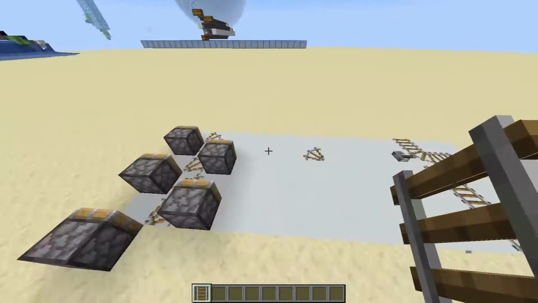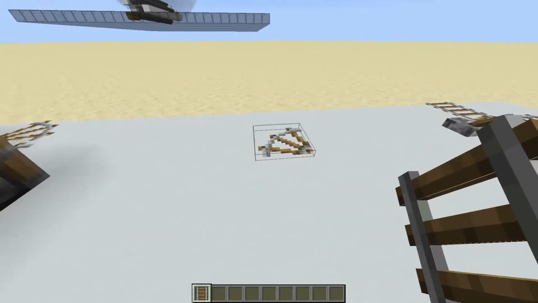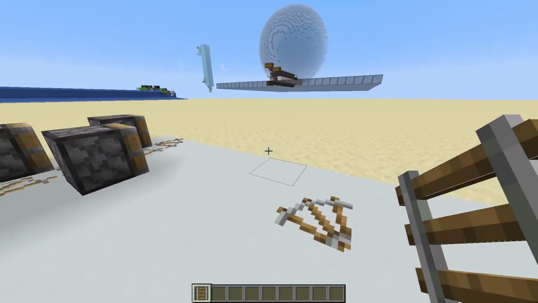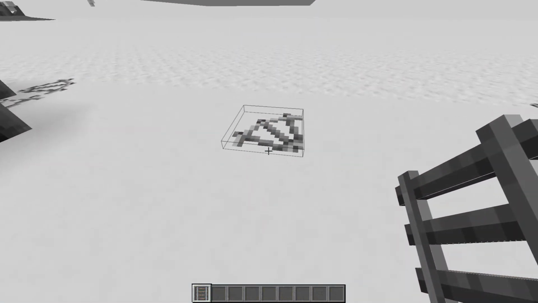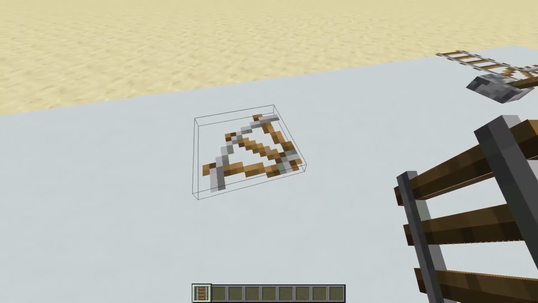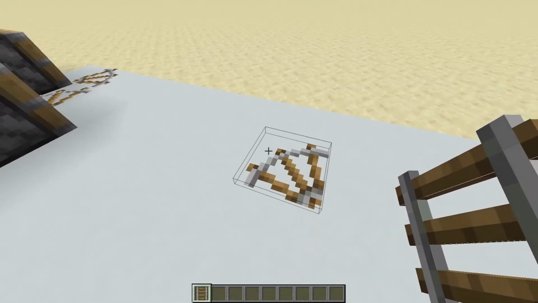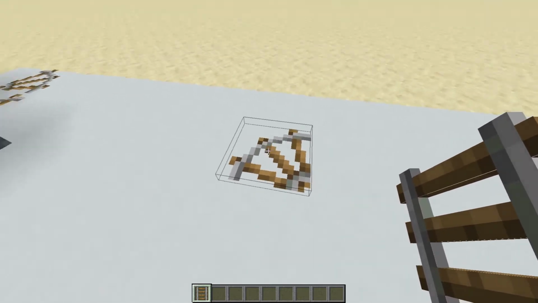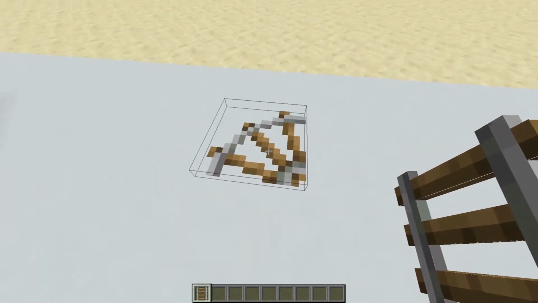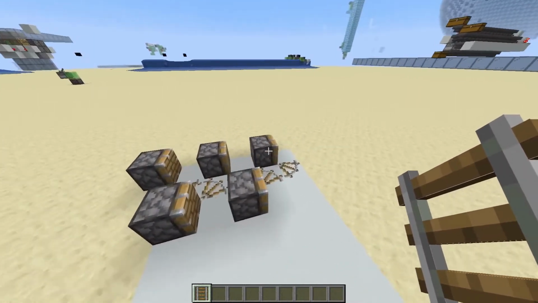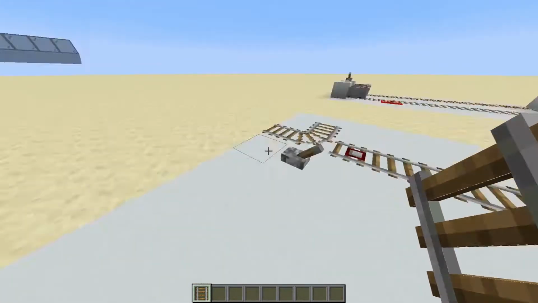Because of this, it is essential in every type of... and because this is the only rail that can curve, it is almost certain that you need at least one of these normal rails in every type of project that includes rails.